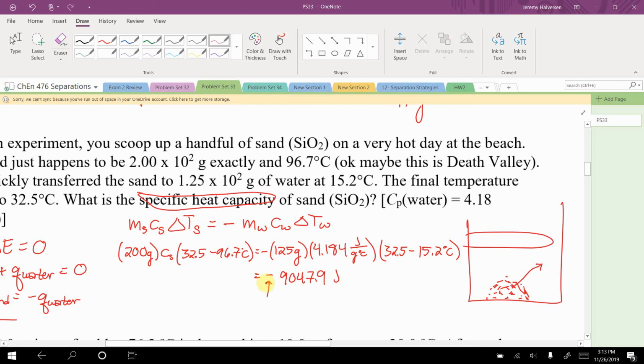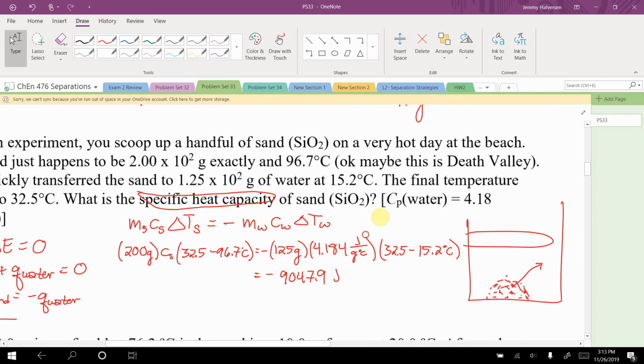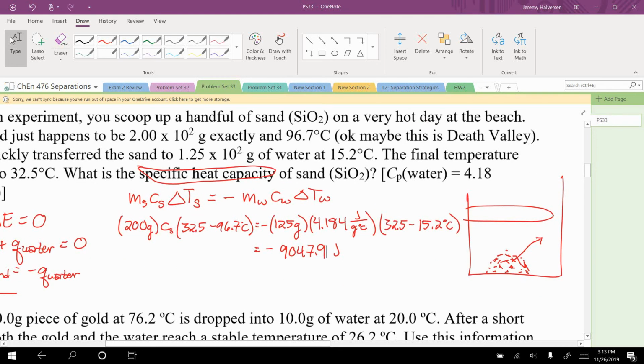This negative sign is now saying, okay, if I want that to be equal to the Q of the sand over here, then I need to put a negative sign because the Q of the sand is going to be negative. Okay, that equals all of that stuff over there. So then I can finish the math.